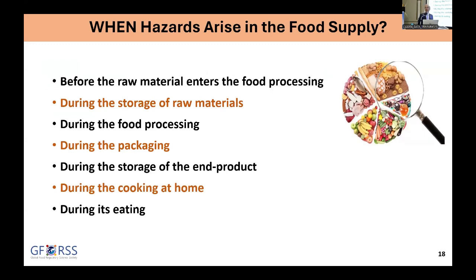Now, we spoke about the potential impacts of other factors that may influence your risk assessment, and particularly the way your hazard occurs in food. We spoke about storage, processing, packaging, cooking, the way you eat the food. All that may influence your exposure to the hazard.